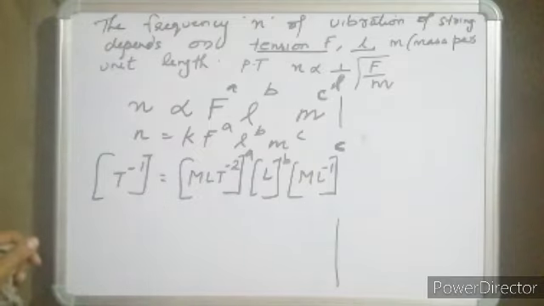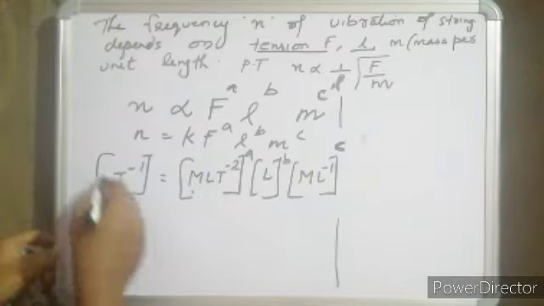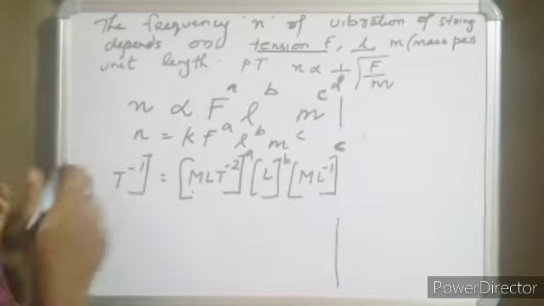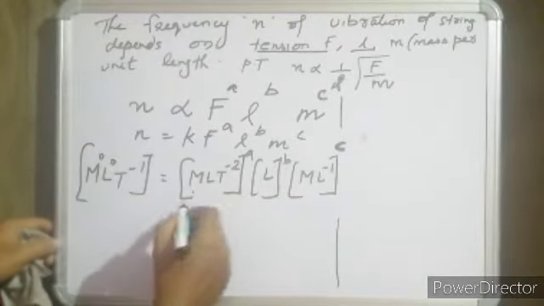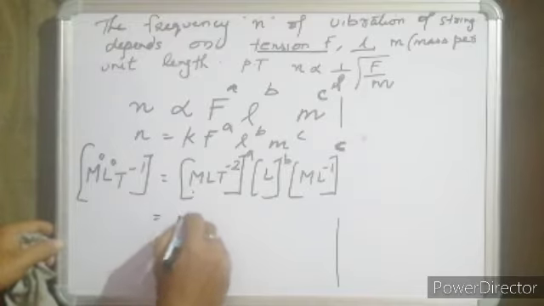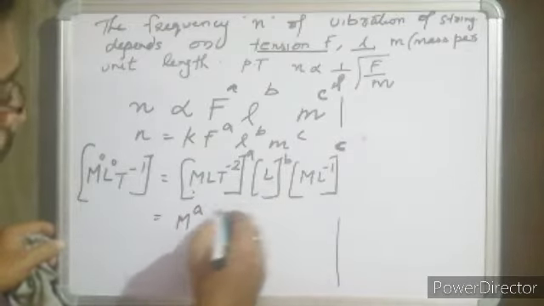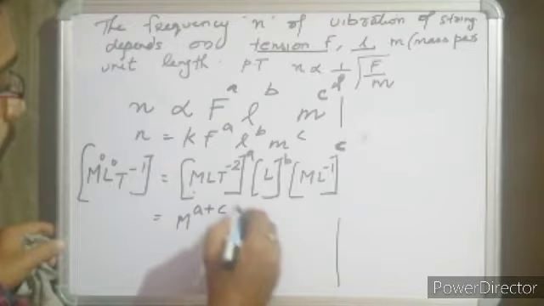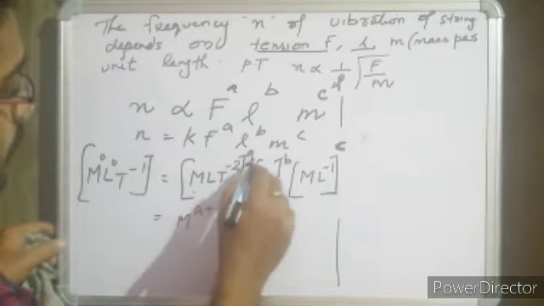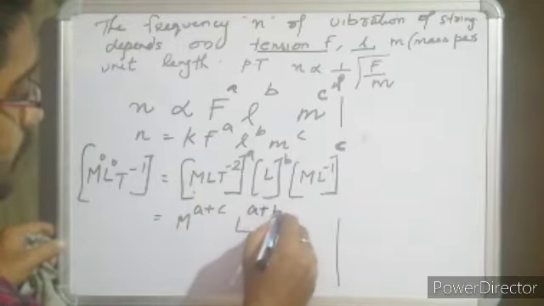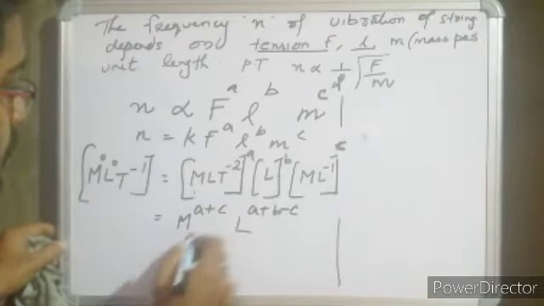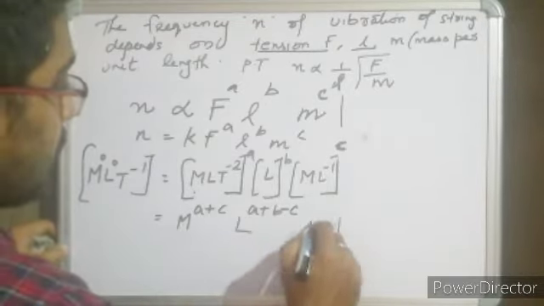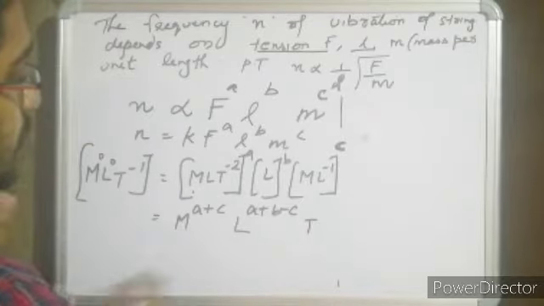Now you need to equate it. So here it is M to the power 0, L to the power 0. If I rewrite: M to the power A plus C, L to the power A plus B minus C, and T to the power minus 2A.